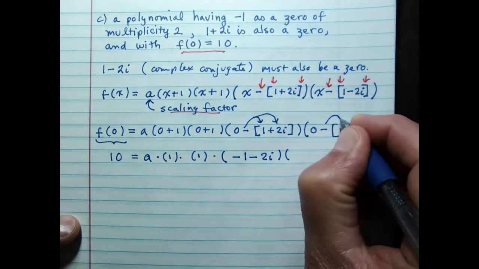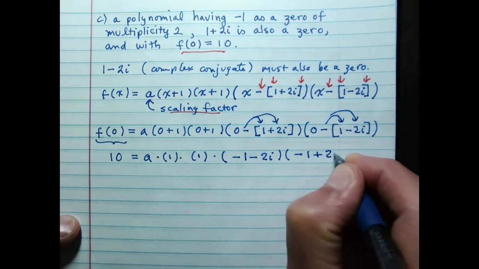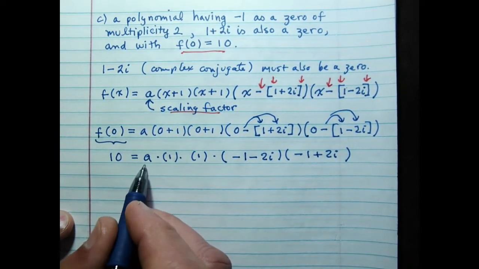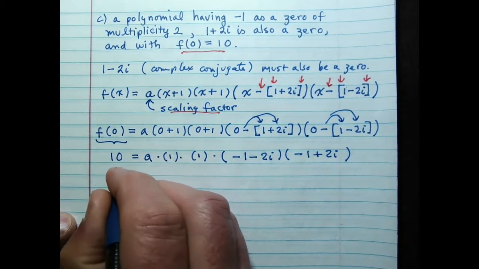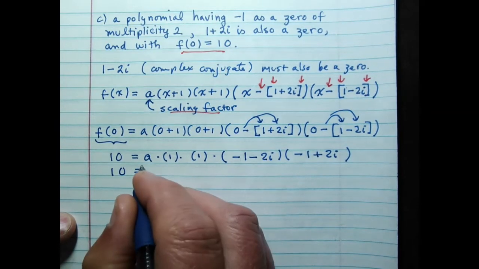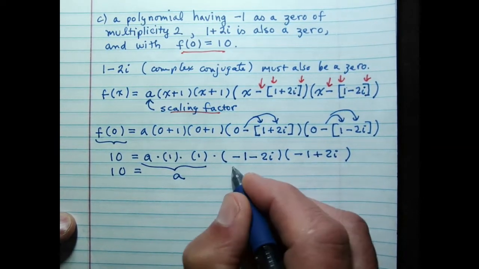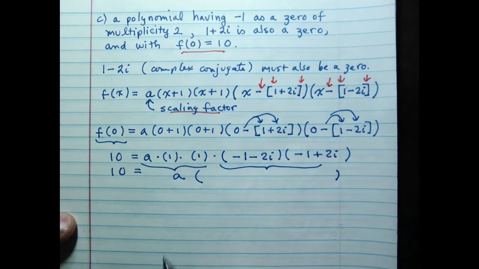And in this factor, I'm going to have minus 1 plus 2i. And to figure out what a is, I've got to work this out. And that's like a little algebra problem in itself. So all this is just a, and all this I have to multiply out inside parentheses.